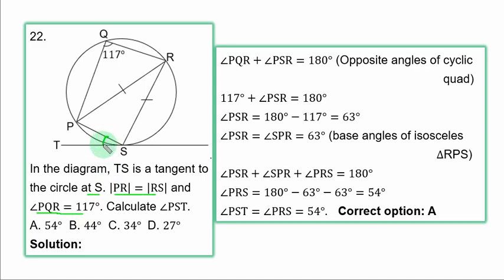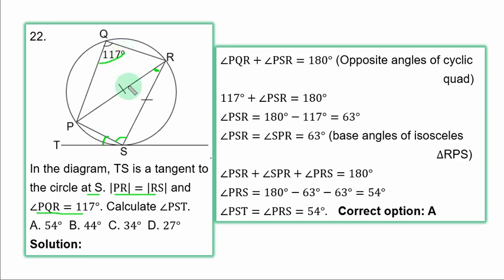Angle PST is equal to this angle in the alternate segment. But to get this angle, you have to get this angle, because in PQRS, this angle plus this is equal to 180. Opposite angles of a cyclic quadrilateral.